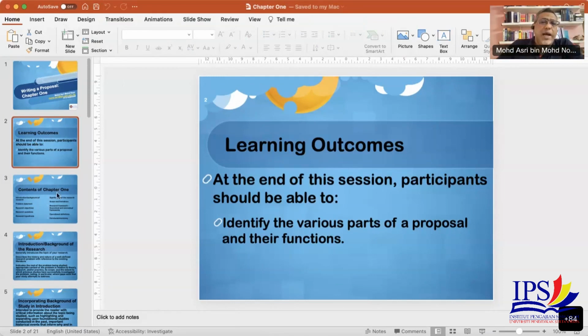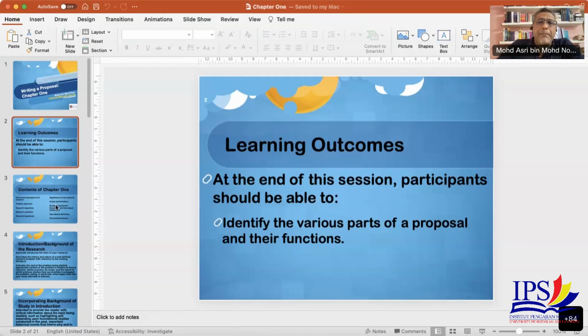So basically in chapter one of your project paper, these are the things that you will need to have, again depending on the research design itself. You must have the introduction and the background of the study, and then the problem statement.